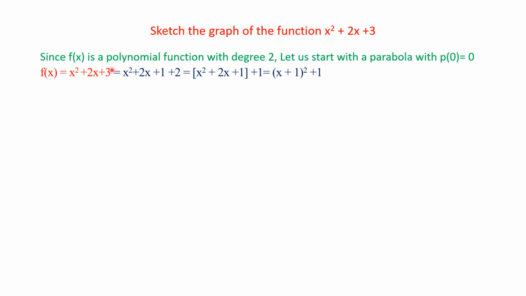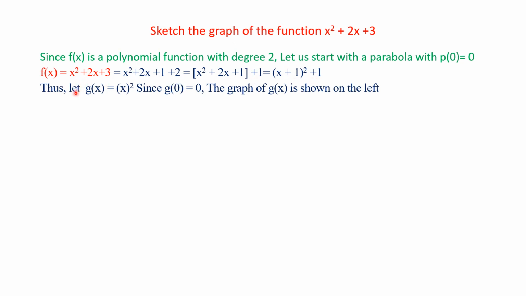Our function is x squared plus 2x plus 3. We can rewrite it as x squared plus 2x plus 1 plus 2. The first three terms we can group, so it is (x plus 1) squared plus 2.